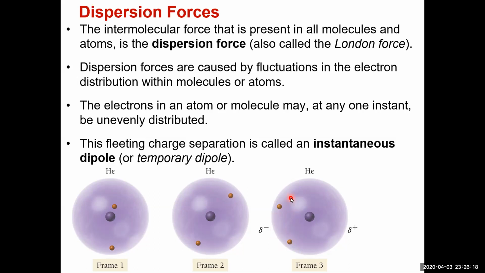And if they are, we overall have a higher electron distribution on the left side of this atom that we see here. And because we have a higher concentration of electrons on the left side, this is temporarily causing a negative dipole moment, or a negative dipole. On the opposite side, we have fewer electrons, and so that temporarily has a positive dipole.